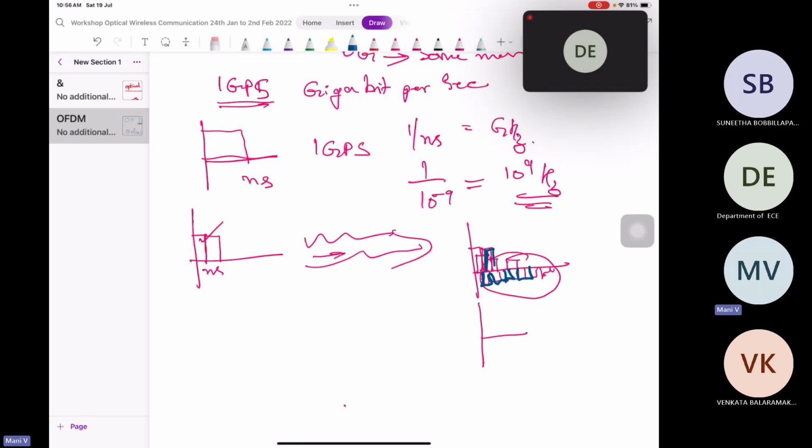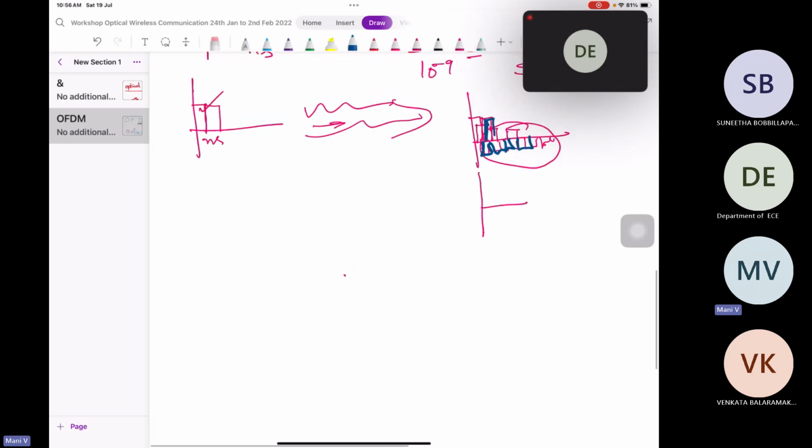But if you take a long time for your transmission, I want to achieve gigabits of data rate, but what I do is divide this gigabits of data rate into smaller streams. So I'll take a longer time scale now, in milliseconds.